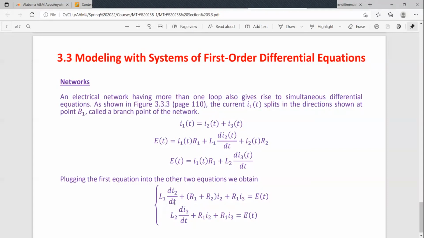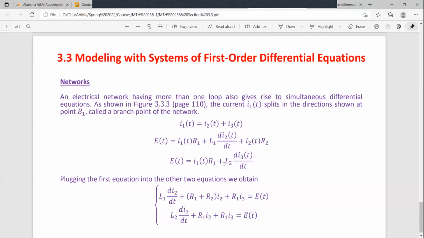That will be L1 dI2/dt + (R1 + R2) I2 + R1 I3 = E, and L2 dI3/dt + R1 I2 + R1 I3 = E.